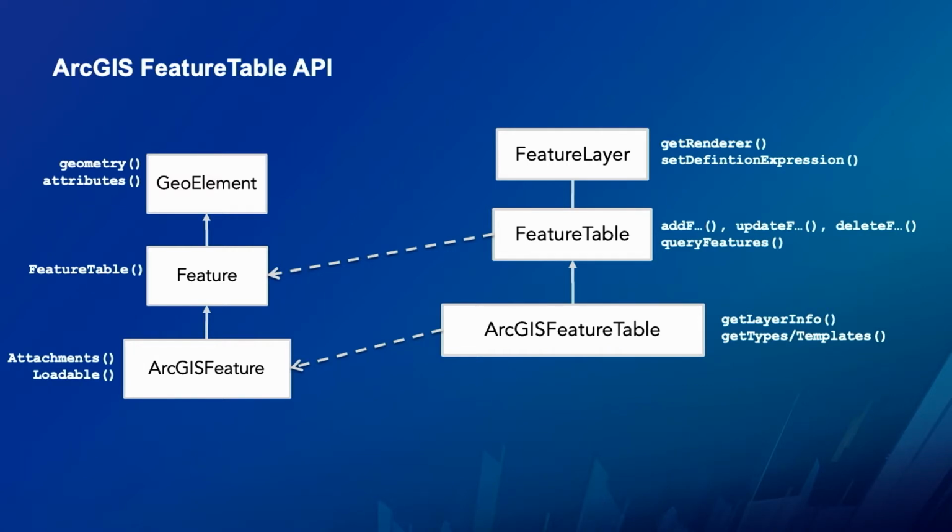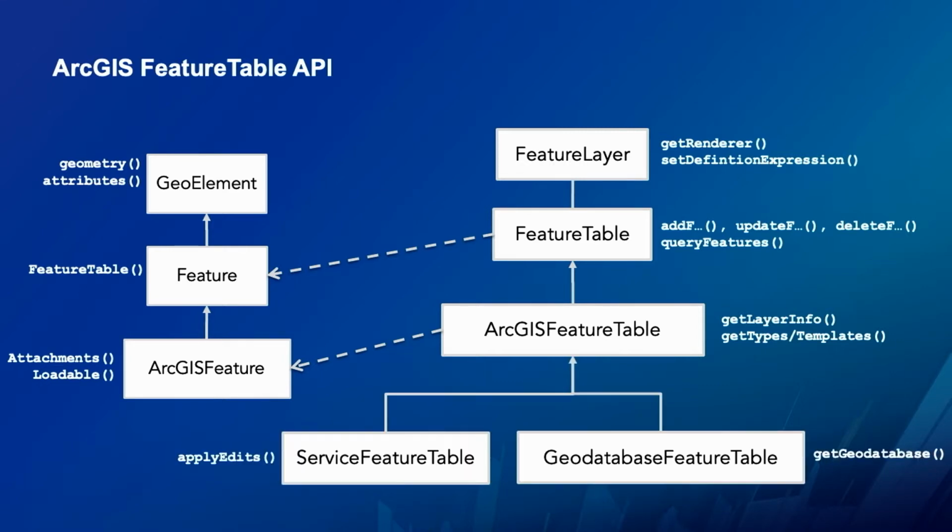We don't populate all the attributes because it would increase the payload that's being sent from the server and it would slow the fetch down. So when you're editing features, it's important that the features become loaded, and that forces all the attributes to come across from the server.